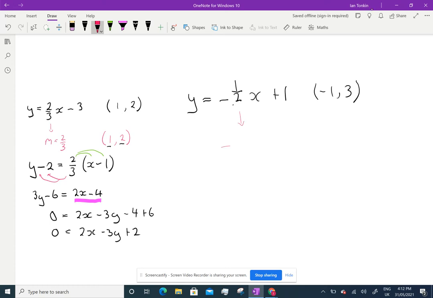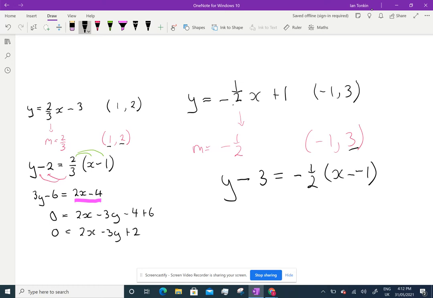Well, my gradient is negative a half because it's parallel. And my point is negative 1, 3. So again, I just am using the formula y minus the y value, 3, equals m, negative a half, x minus the x value, negative 1.